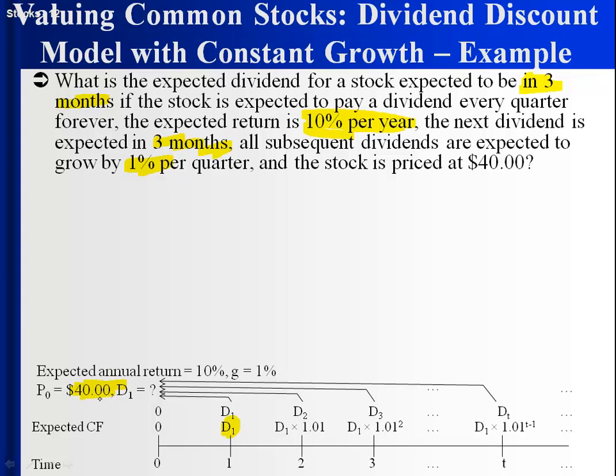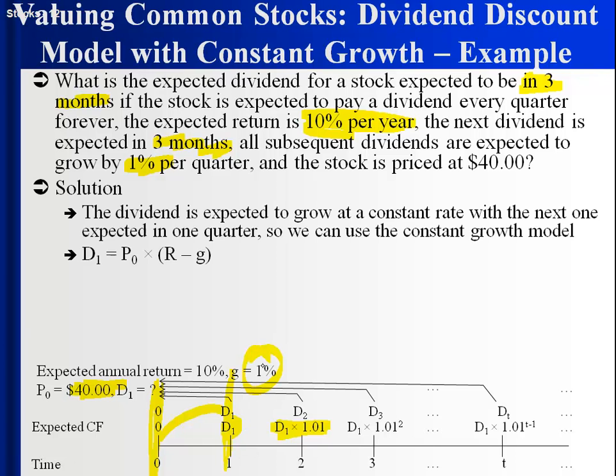So we know that 40 is equal to D1 over 1.025 plus D2 over 1.025 squared, but D2 is equal to D1 times 1.01. And you can get a really complicated expression, but we can say, aha, look, P0, which is equal to 40, is equal to D1 over R minus G, because you get D1, and then after that the growth rate's 1%.